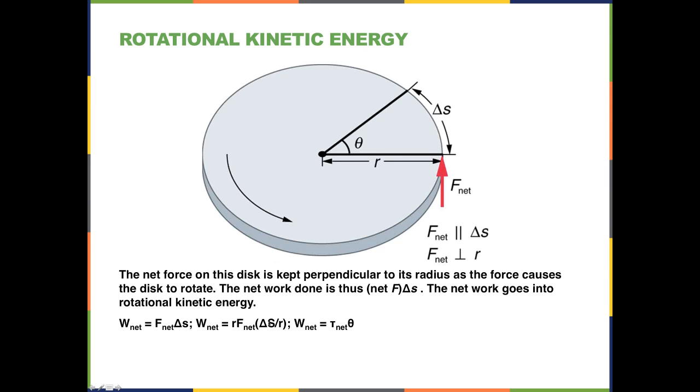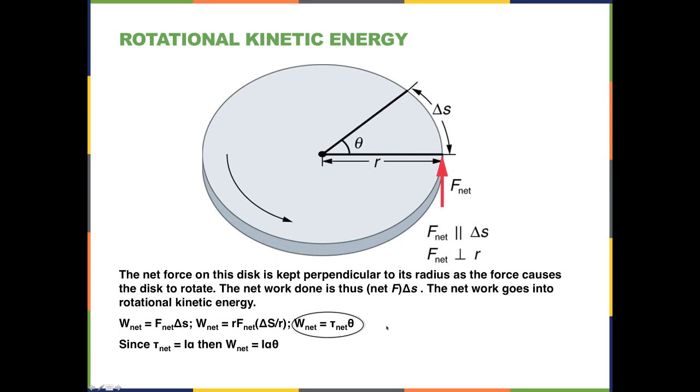If we put this here, we can cancel it out, and so we can represent the same net work in terms of R times F net, and this will be theta. R times F net is equal to torque. So work net is equal to torque net times theta. And this is one of the two equations that we will be using to work problems in this area.